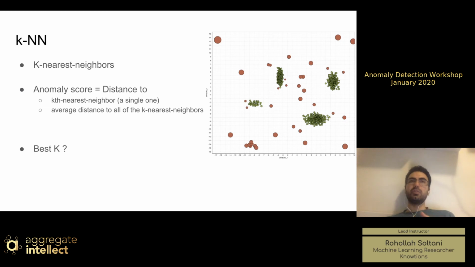And then you can have a threshold: if the distance to my k nearest neighbors is super high, then maybe that point is an anomaly because it's far from all those neighbors. That's why k-NN is a global anomaly detection: given all the data, it looks at each sample, sees whether it is far from all of its neighbors, and then based on the cutoff or threshold, we say it's an anomaly.